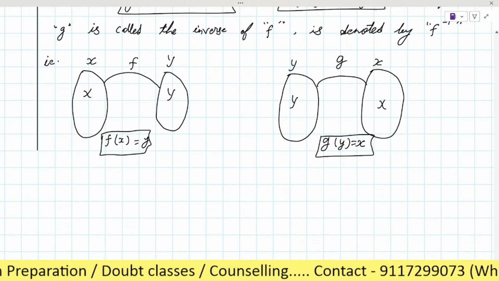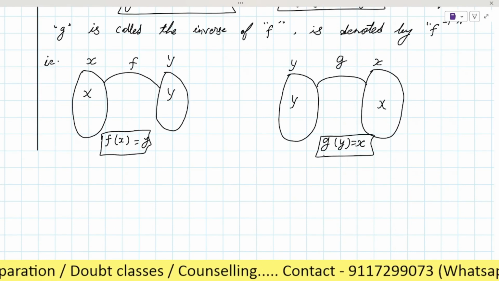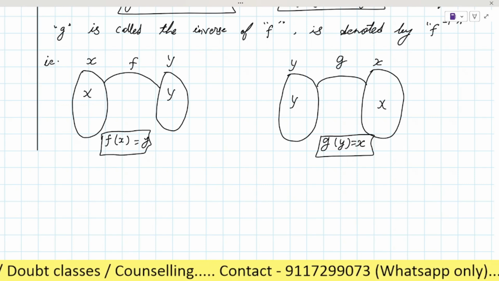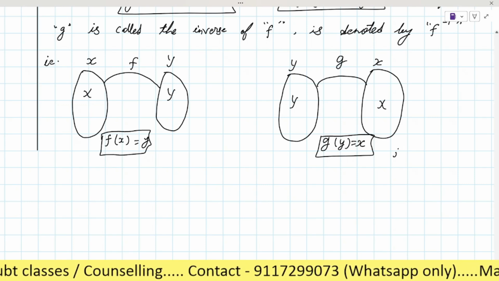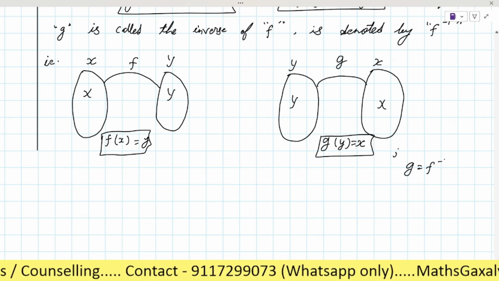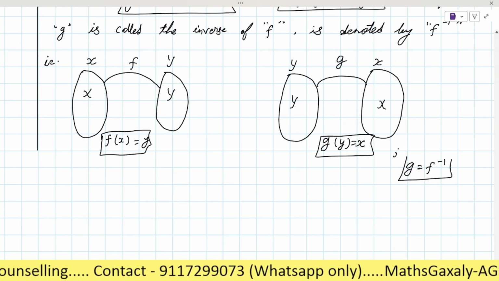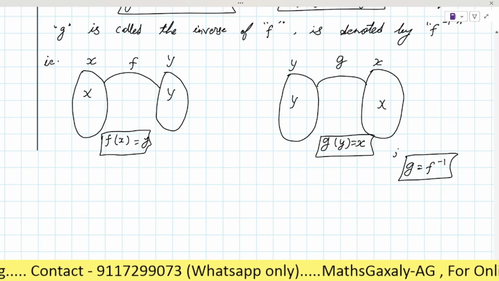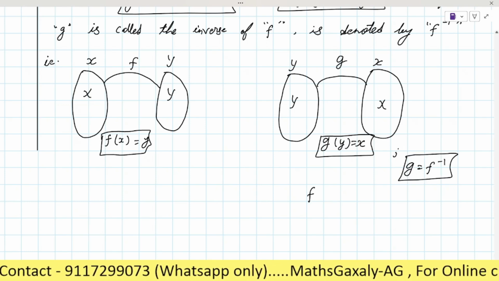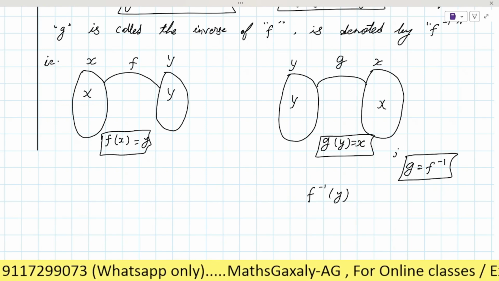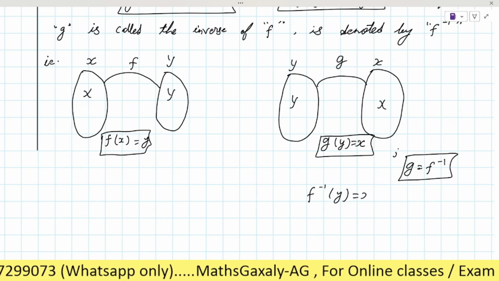Now let's see here, in the place of g, we can say that g is f inverse. And we can also say that f inverse of y will be x.